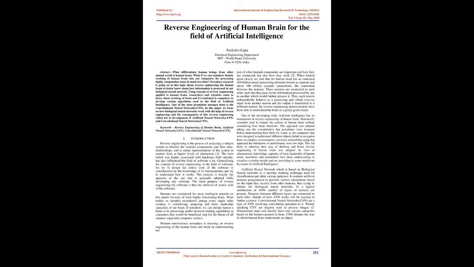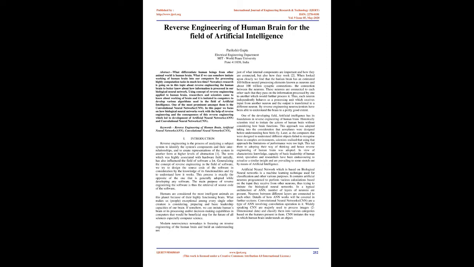Using the concept of reverse engineering applied to the human brain, researchers and scientists came to know about the working of the brain, and it is imitated in computers to develop various algorithms used in the field of artificial intelligence. One of the most prominent amongst them is the Convolutional Neural Networks, CNN.